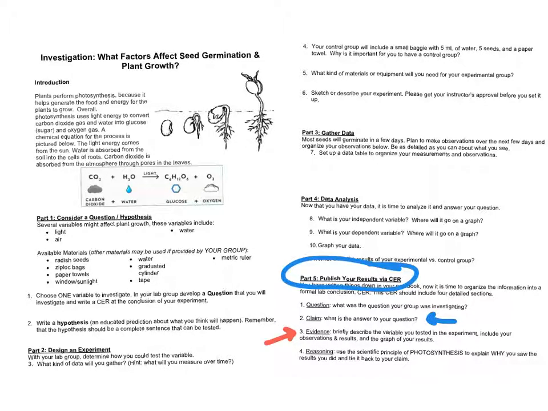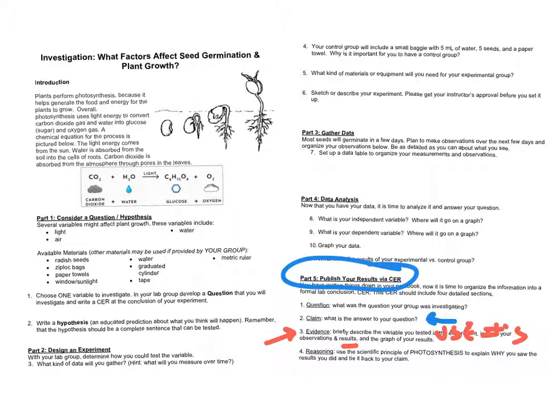Now others didn't include the results of your test. So remember, if you have numbers, you need to use them. A bunch of you might have a comment that says use numbers in your evidence. That means if you have measurements and data, you need to make sure that you put that in your evidence. Don't just say the experimental grew taller.